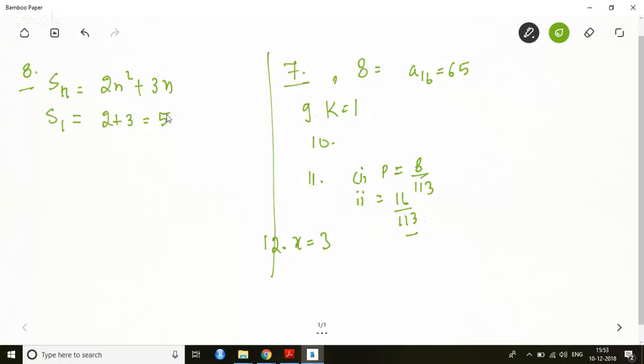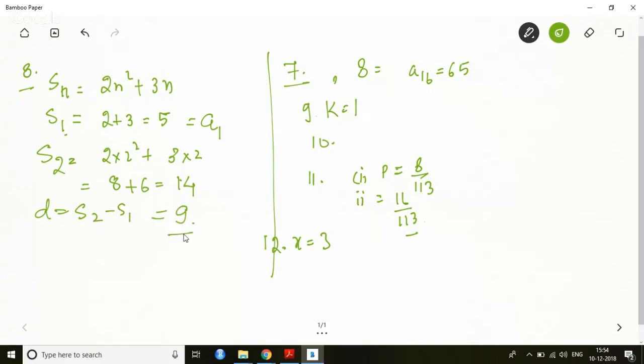What do you mean by S1? Sum of the first term means it is only the first term. So A1 is equal to 5. And S2 is equal to 2 into 2 square plus 3 into 2. 4 into 2, 8. 8 plus 6 is 14. So D comes out to be S2 minus S1, that is equal to 9. So the 16th term would be A plus 15D.